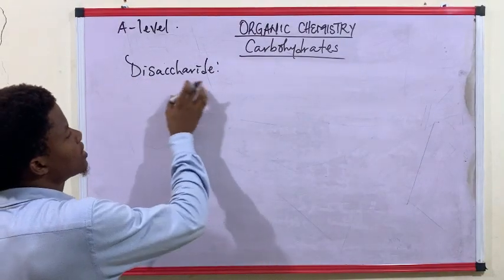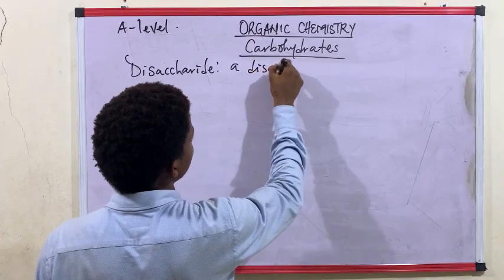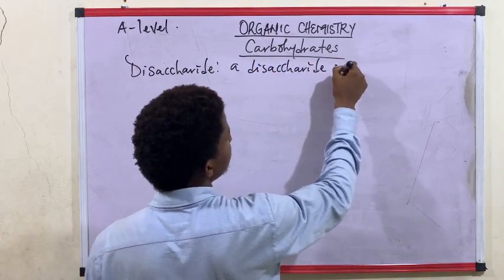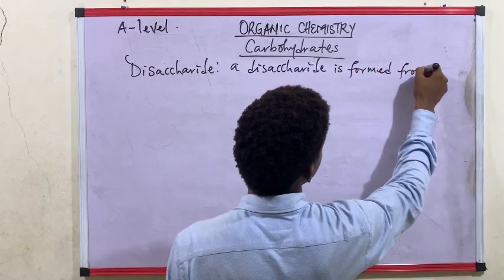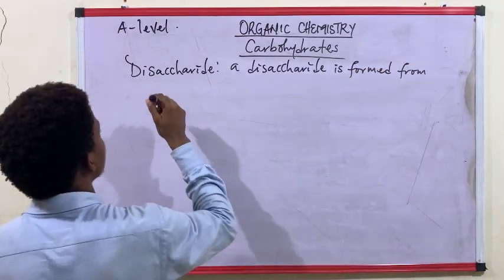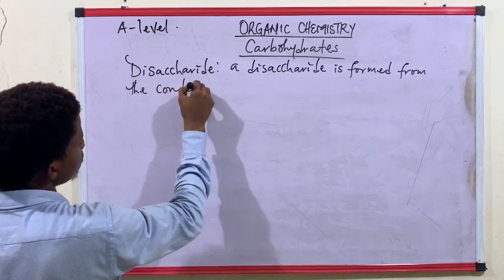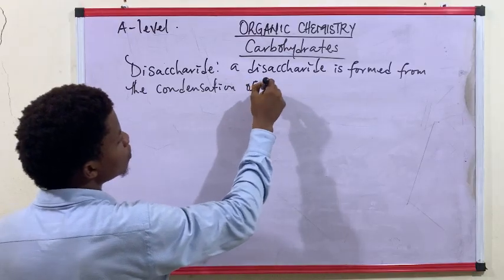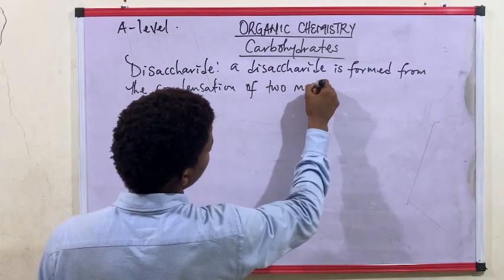A disaccharide is formed from the condensation of 2 monosaccharides.